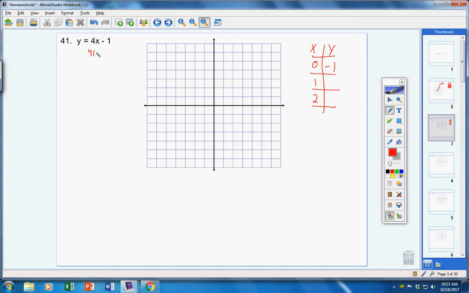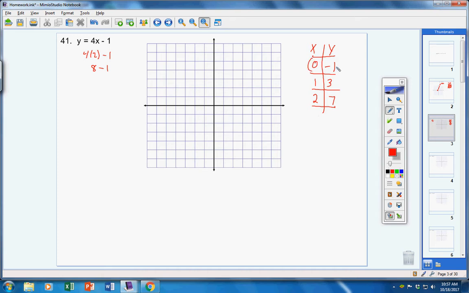Next, we're going to substitute 1 in for x. So 4 times 1 minus 1. 4 times 1 is 4. Minus 1 is 3. And there we go. Next, let's substitute 2 in for x. So 4 times 2 minus 1. That's 8 minus 1. And that would be 7. So here we go.